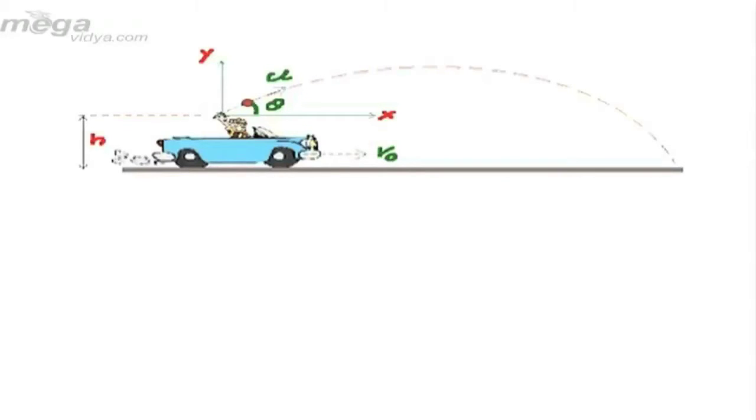Here, in the reference frame which we have assumed, the initial velocity vector u can be written as its two components: the x component, which is along the positive x direction, and the y component, which is vertically upward.